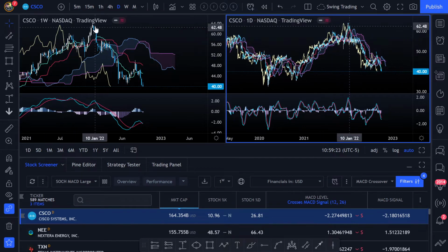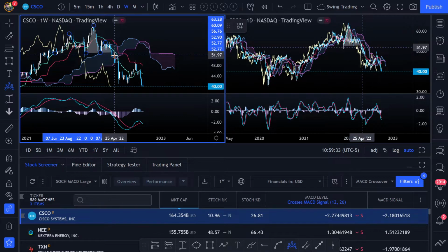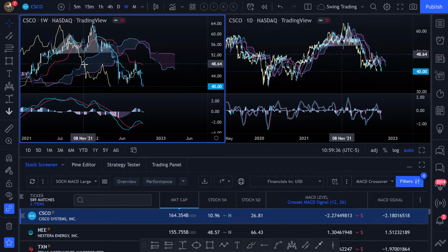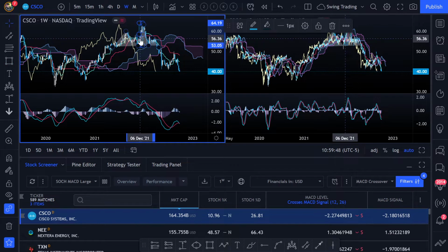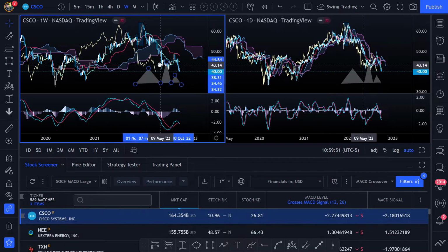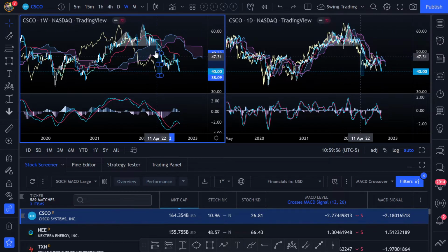So you can see that there was a head and shoulders like pattern in the weekly time frame, and the target of this head and shoulders pattern seems to be already met.